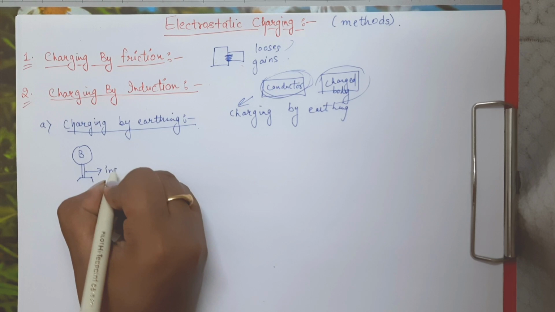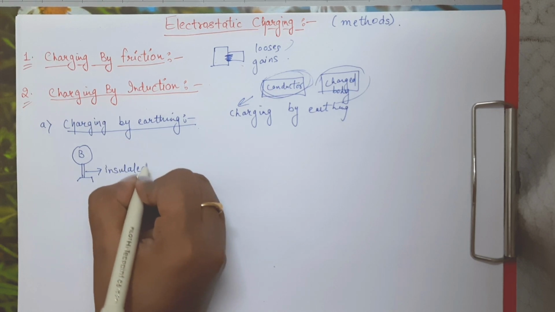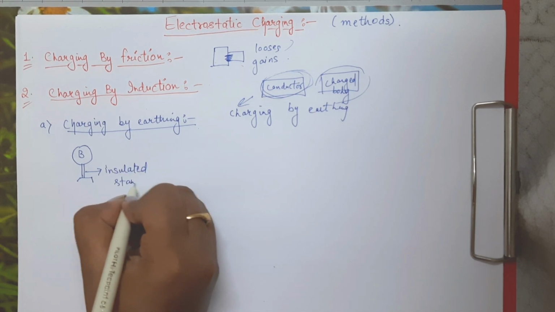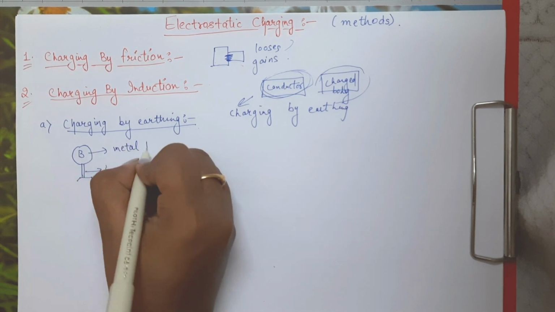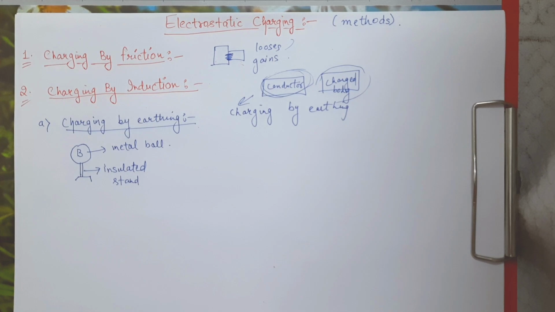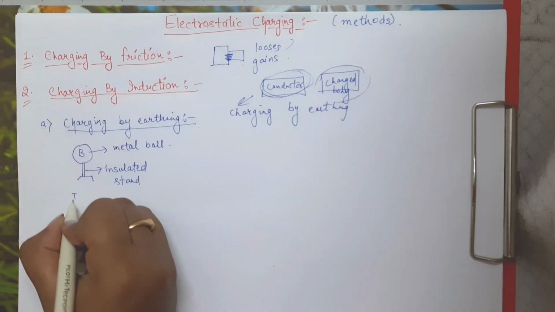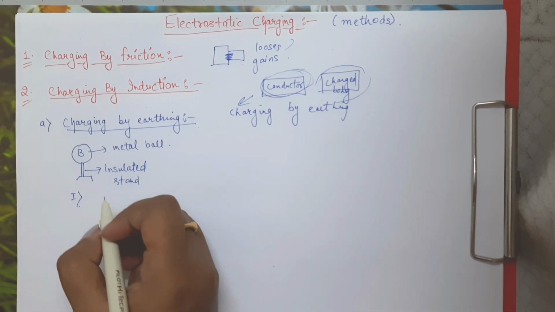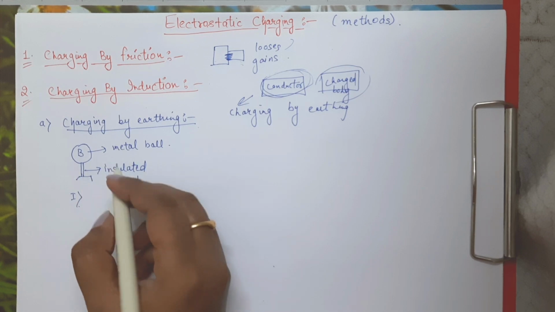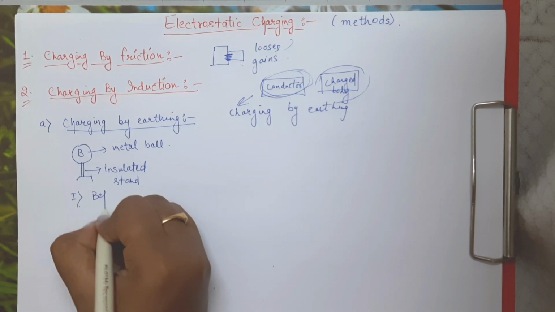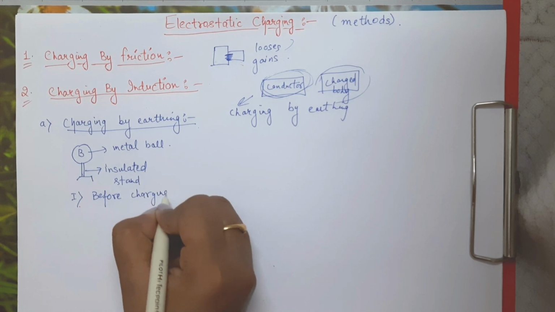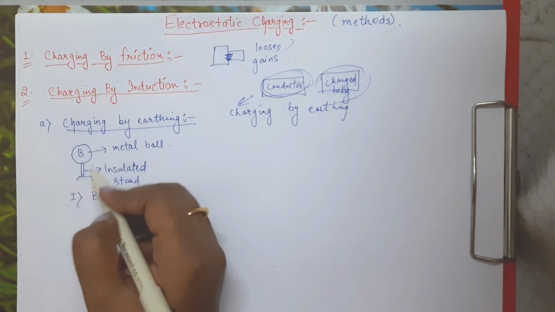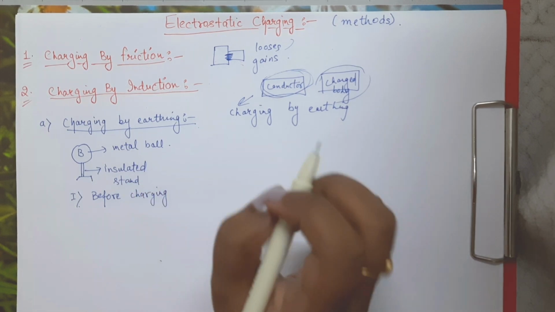This is an insulated stand and this is a metal ball, so it will be a conductor. Now this is the first case, the case before charging. We are simply having a metal ball placed on an insulated stand. This is the first case.